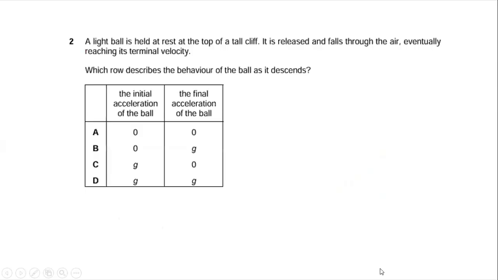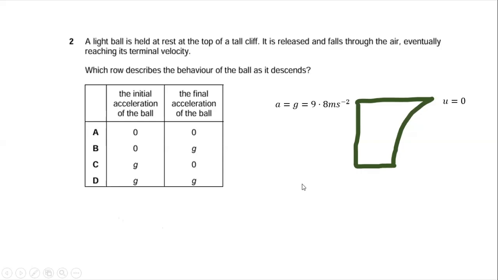The second question. A light ball is held at rest at the top of a tall cliff. It is released and falls through the air, eventually reaching its terminal velocity. Which row describes the behavior of the ball as it descends? At rest, the initial velocity is 0, u is equal to 0, and a is equal to g, that means gravitational acceleration, 9.8 meters per second squared, is the initial acceleration.